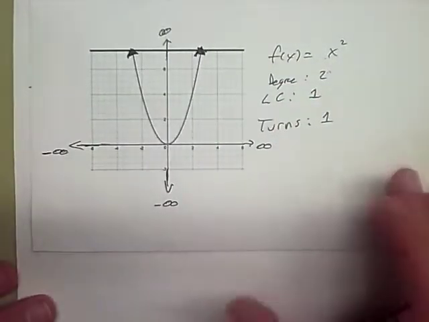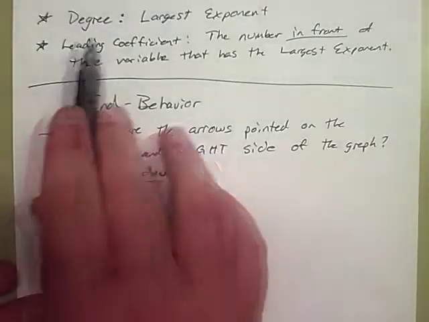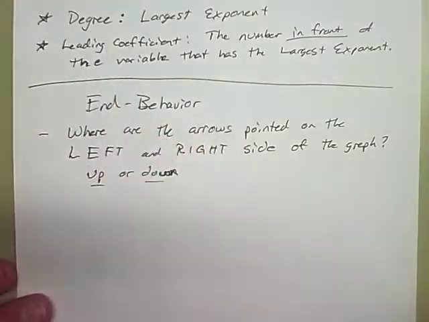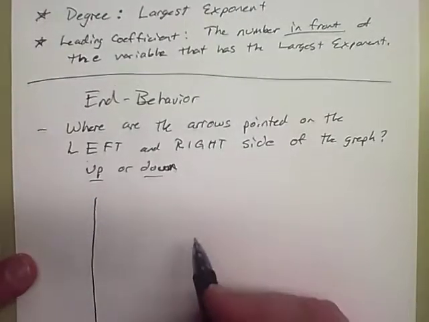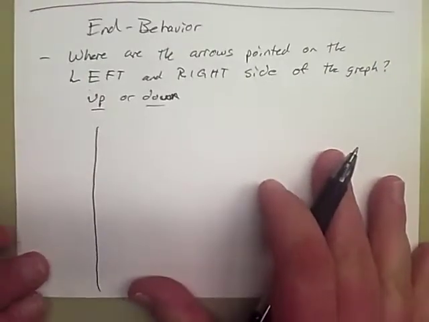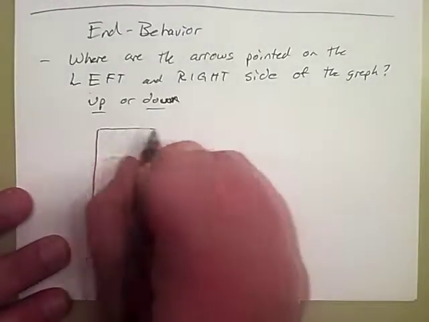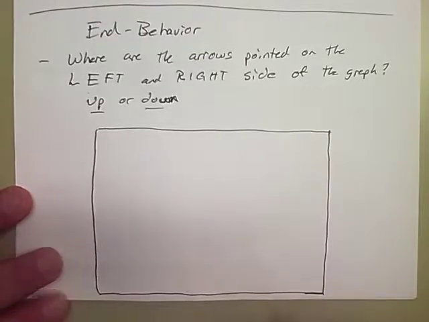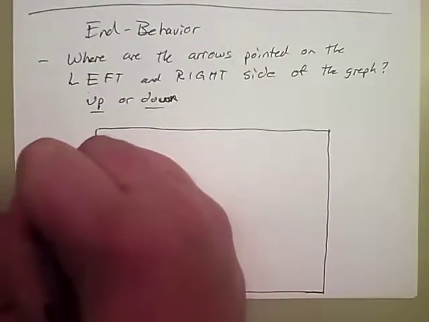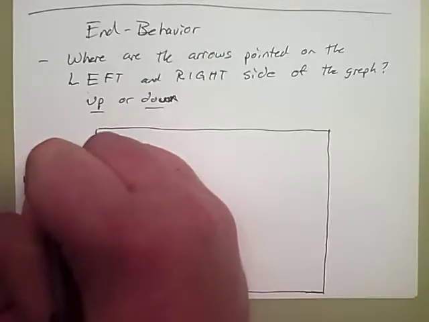So let's see how that goes into play here. There are those 2 characteristics, the degree and the leading coefficient. I'm going to make this chart here. Make this box as big as I can. All right, so here I'm going to write leading coefficient.